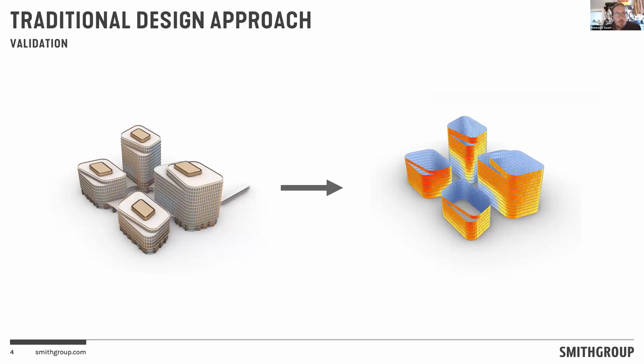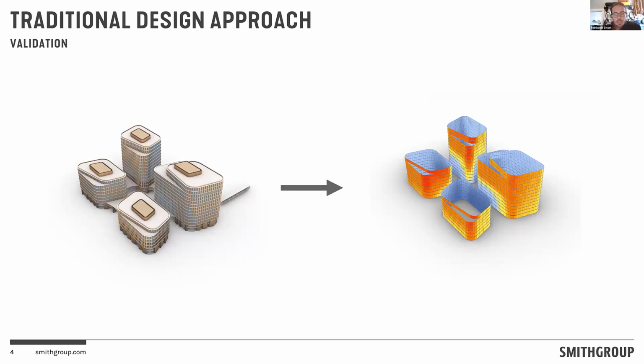So the traditional design approach goes something like this. We wait for a building to be given to us by the architects, and they ask us to tell them how good they're doing. We can run that analysis, and that's helpful, but it doesn't necessarily help us create design decisions for better performing buildings.